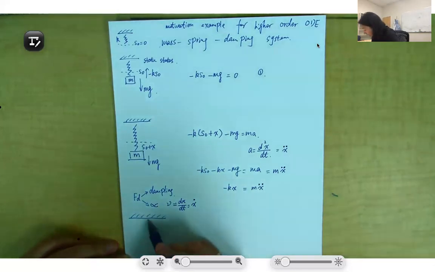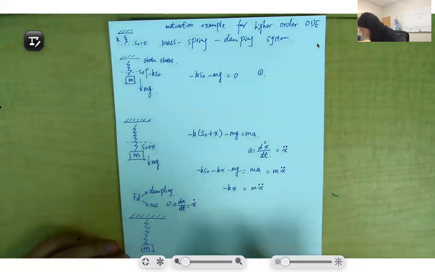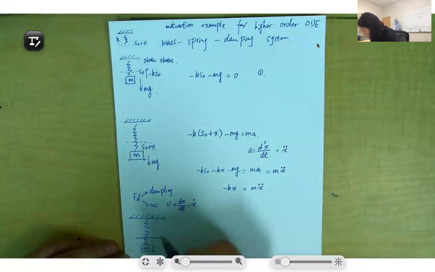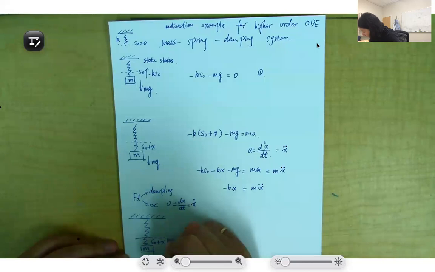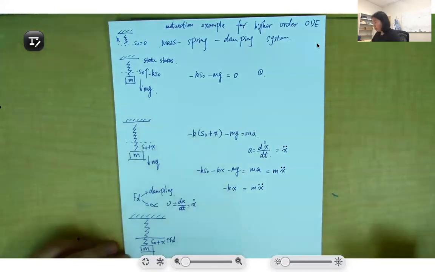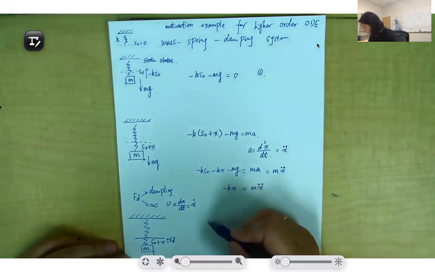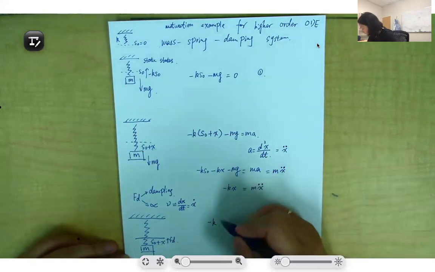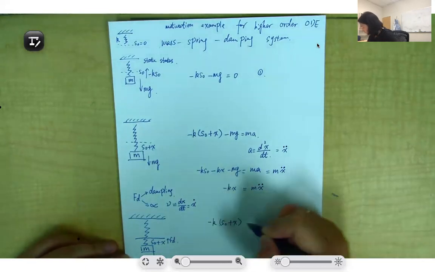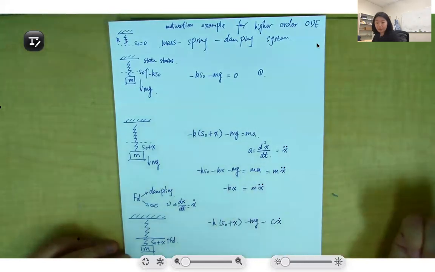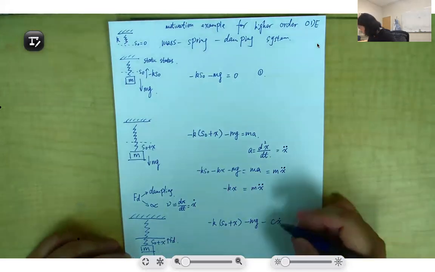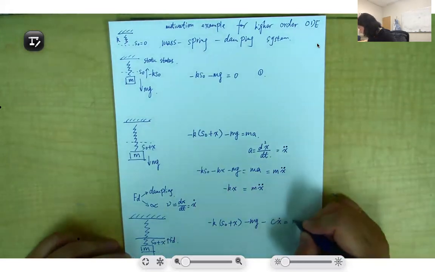So we can even add a damping force here, and it can be s0 plus x, and there is mg. There is also a damper force, Fd. So in the end, the way you can write it is minus k(s0 plus x) minus mg minus c x dot, which is represented by the damping force, equals ma.